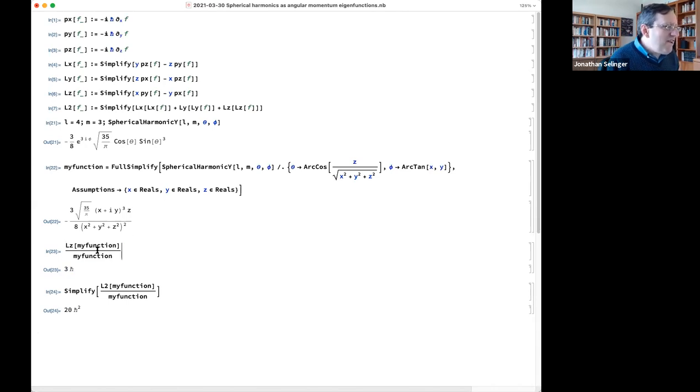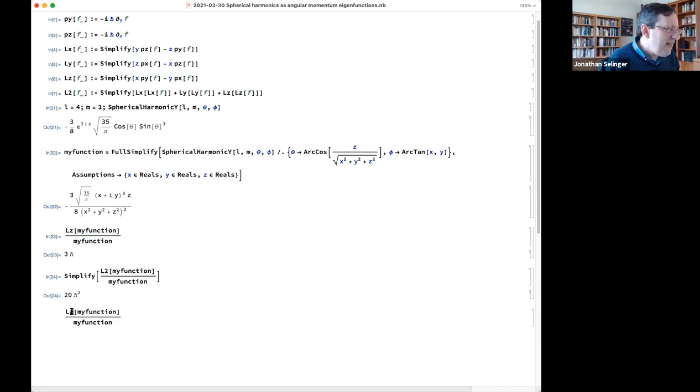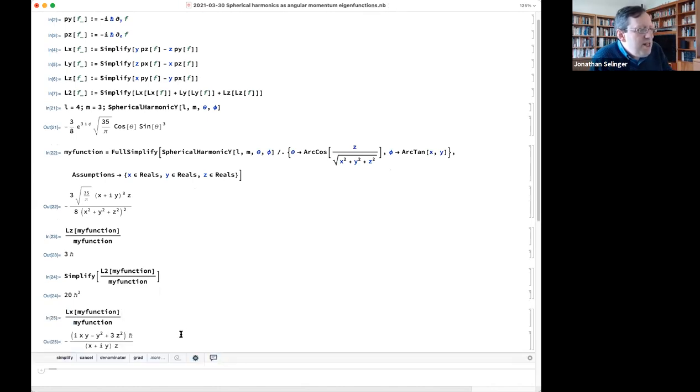What about if I did Lx instead of Lz? Let's just try it and see. Lx acting on that. Okay, you can see this is not a constant times the function, right? Lx acting on the function is not a constant times the function.